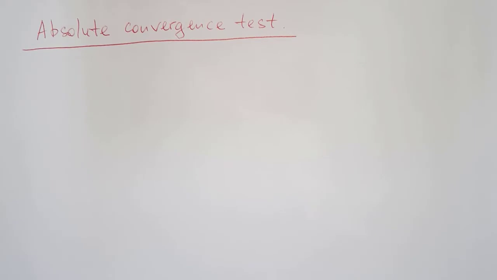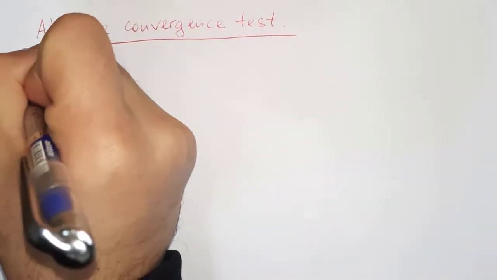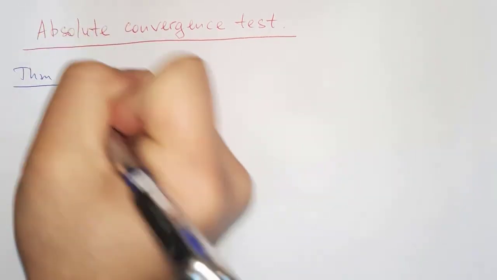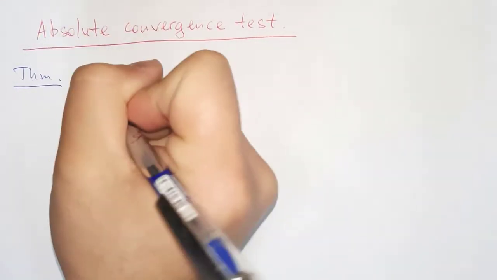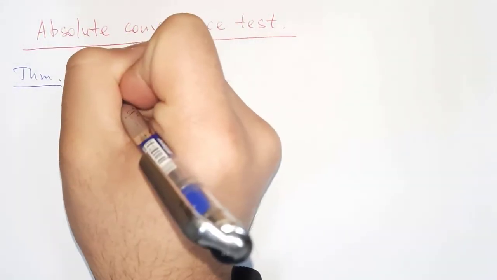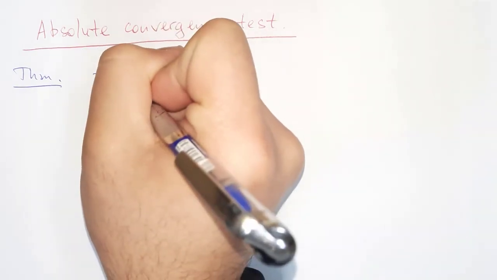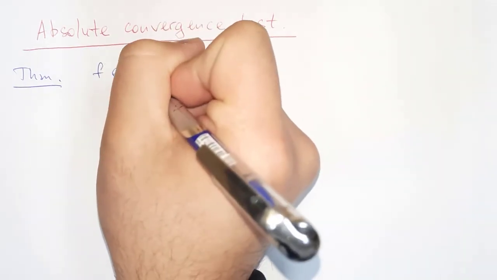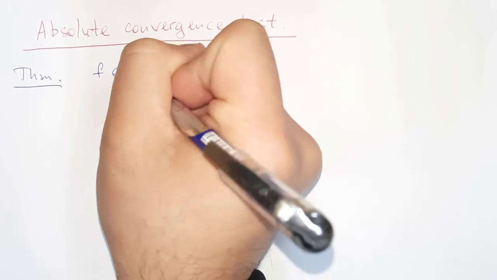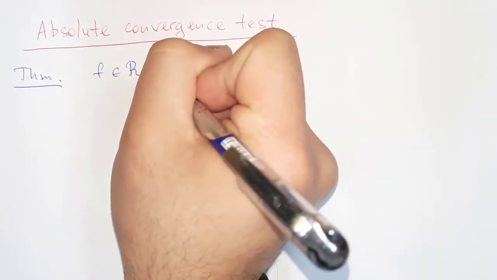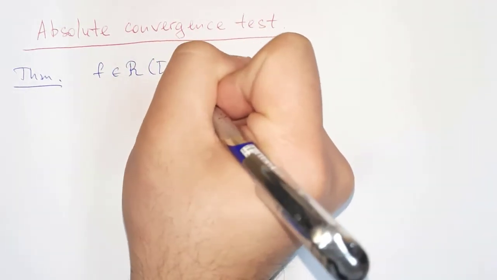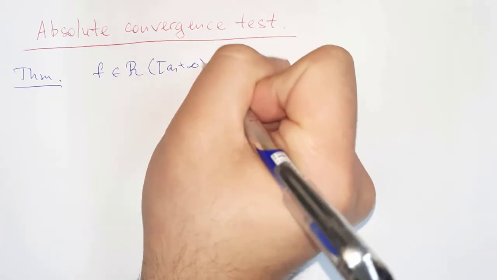And now let's formulate the next theorem about the absolute convergence test. Theorem. Suppose f is integrable, Riemann, on the interval from a to plus infinity.